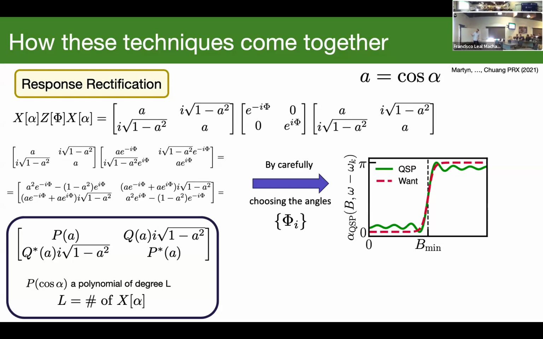What I want in this particular response is effectively a step function. You can use these tools to build it with many of these x operations, or the z's in the original frame. By choosing the parameters phi, which you can do before you start your experiment, you can get a response that gets very close to the step you have.